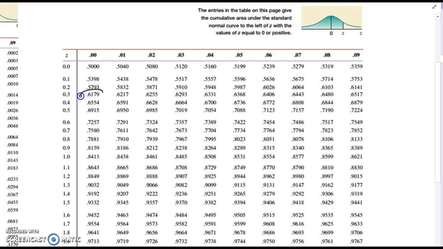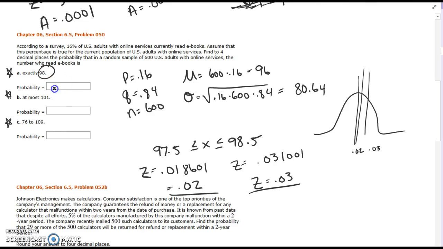So I'm taking 0.6179 minus 0.5793, and that gives me an area of 0.0386.